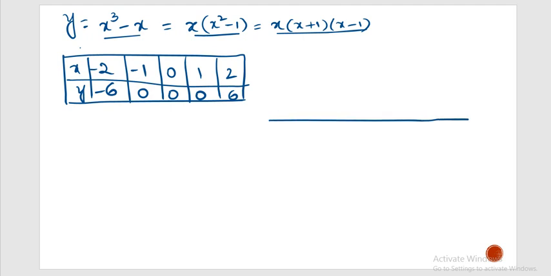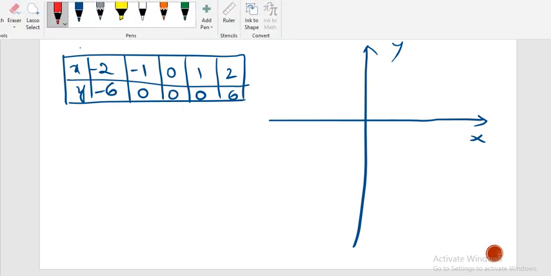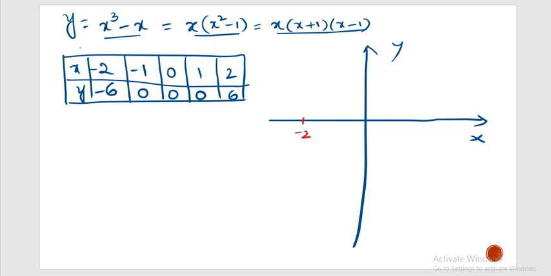Now if I draw the graph for this particular situation, this is my x-axis and this is my y-axis. For minus 2 you are getting minus 6, which means I am in the third quadrant, right?